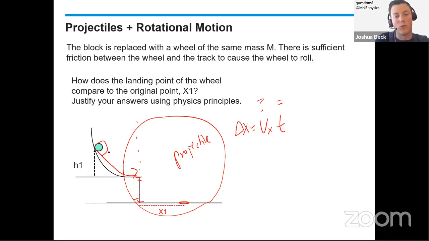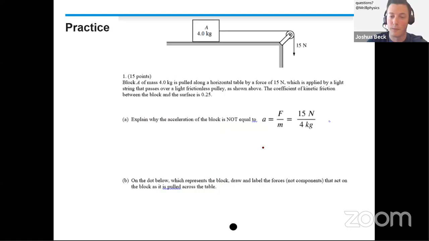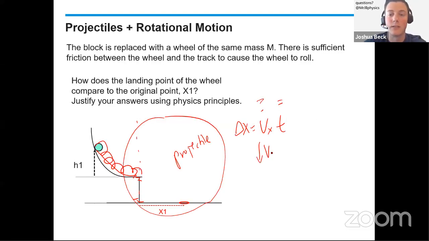If I let it roll, then some of its energy goes into rotational, meaning less available for translational, which means that I'm decreasing Vx. And if I decrease Vx, then in this case, I'm going to decrease here, and that'll land more like that.